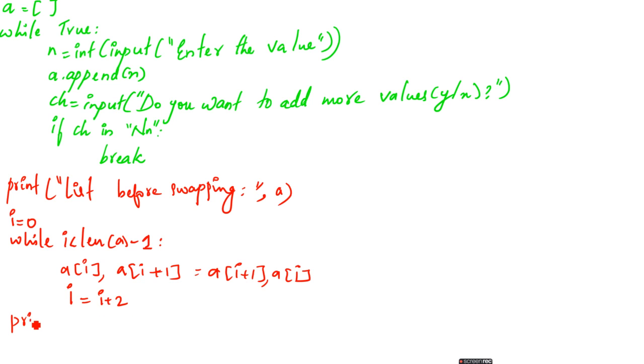Now we can write the print statement here: print list after swapping. Then we can write A. So this is the answer.